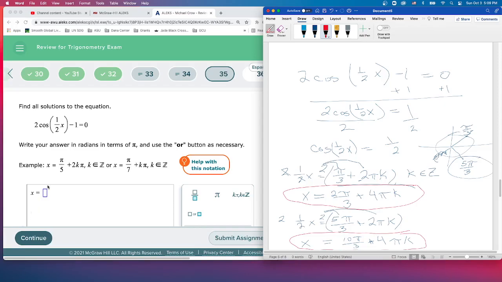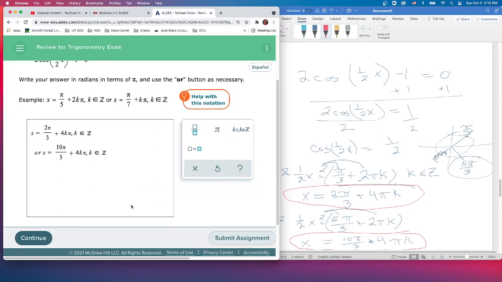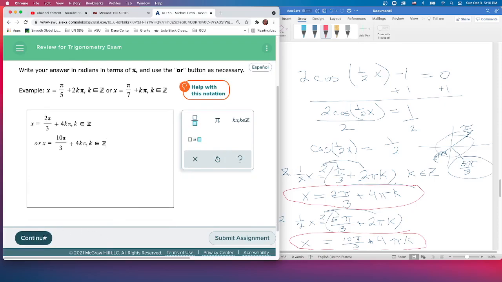And then we come over here, and now we just need to enter them. 2 pi over 3 plus 4 k pi. Then we do an or, 10 pi over 3, again, plus 4 k pi. Okay, so that was that one, 35.